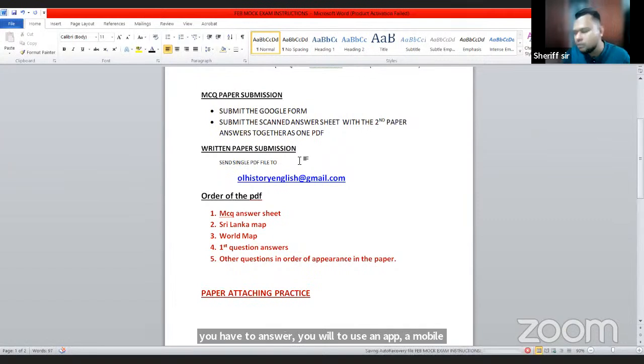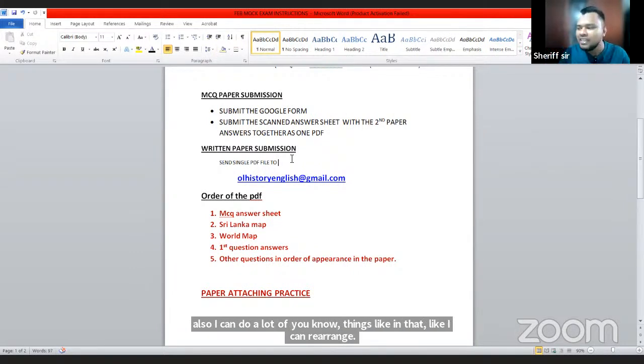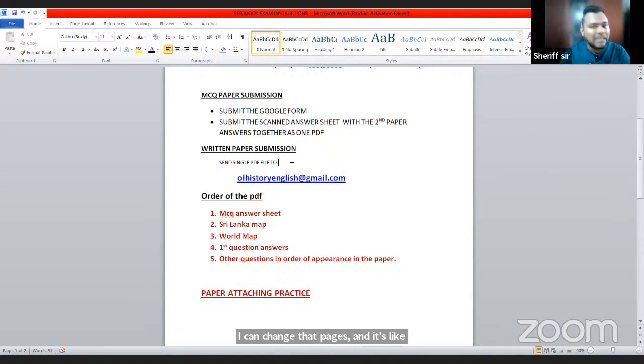Those are very popular apps. I personally use ClearScanner because the photos that I take are very clear in it. I can also rearrange and change the pages, and it's like Adobe Acrobat Pro, so it's very easy to work with. That is why I use it personally.